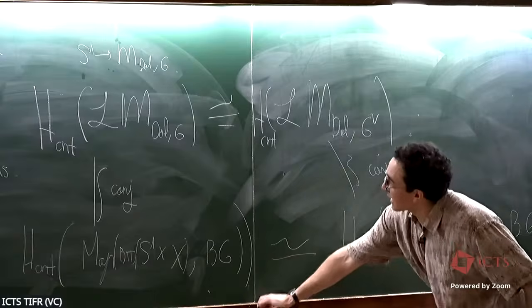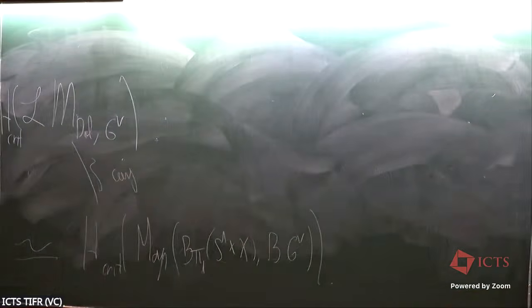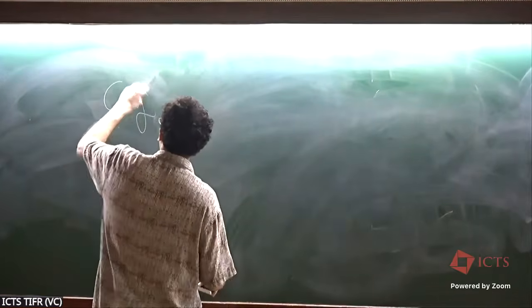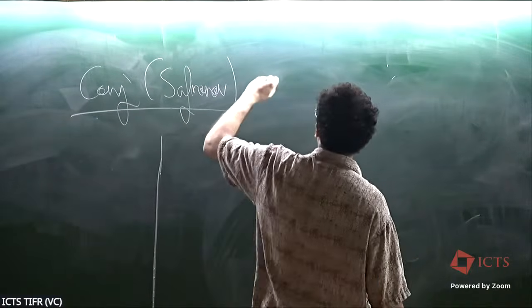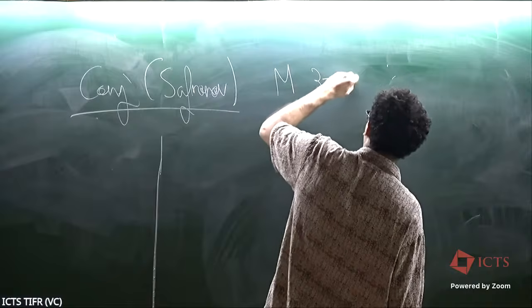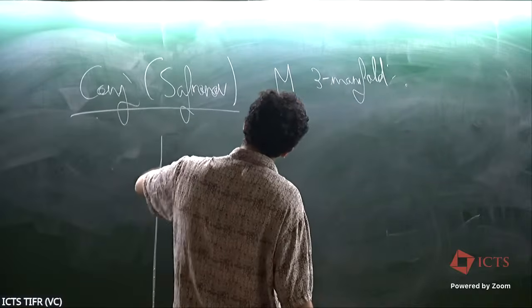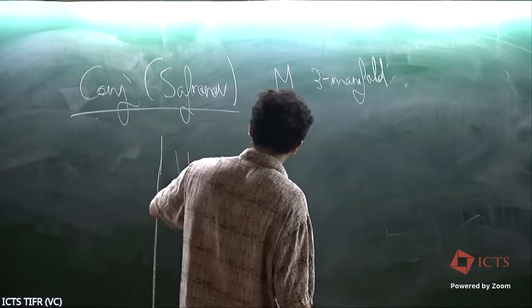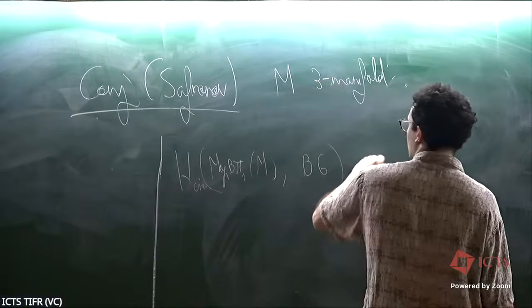So this is a case for this version of the Hausel-Thaddeus conjecture, and Safronov had conjectured already that for a closed oriented three-manifold, the critical cohomology of the character variety for G and G check should be isomorphic.